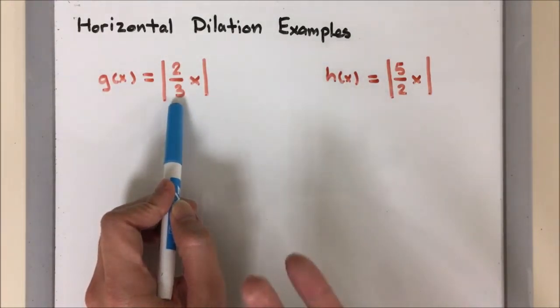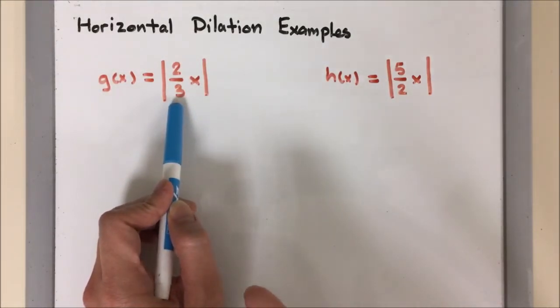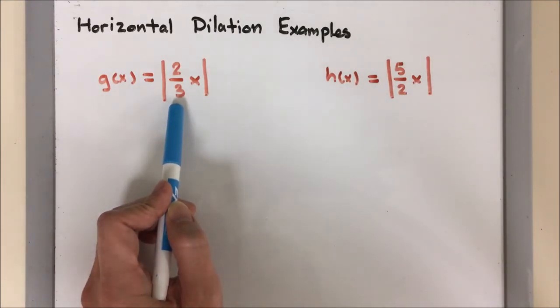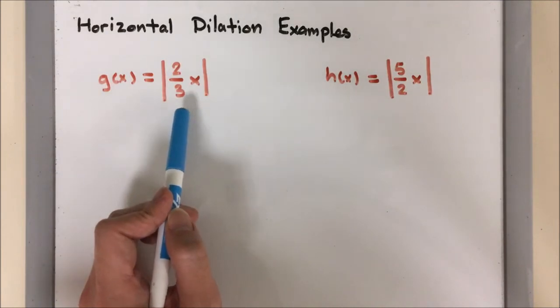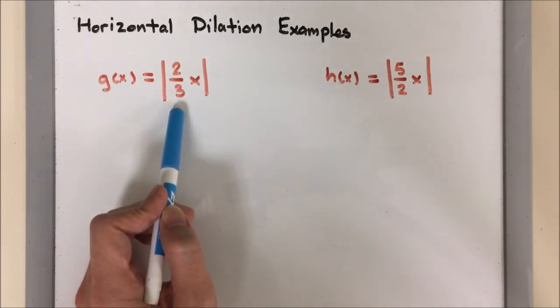So 2 over 3, again, it's inside and in front of x. 2 over 3 is equivalent to 0.67. So it's less than 1. So here we're going to classify this as horizontal stretch.